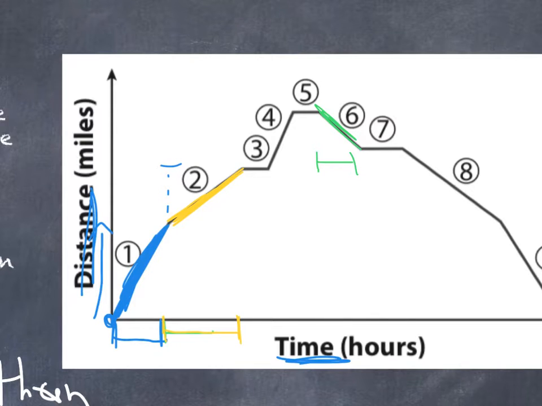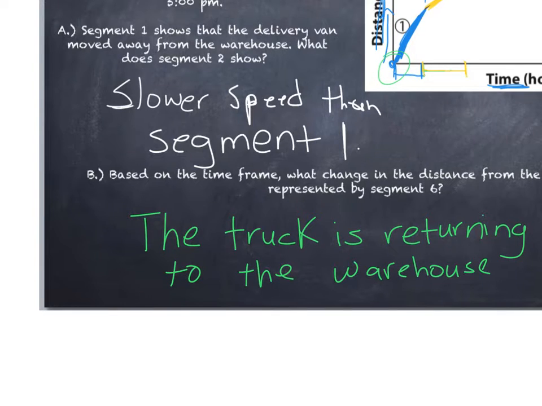We're moving back towards the x-axis, back towards the warehouse, okay? So segment 6 shows that the truck is beginning to return to the warehouse.